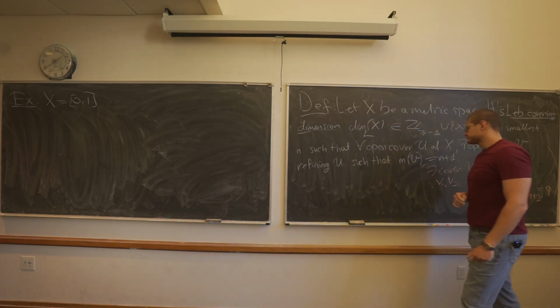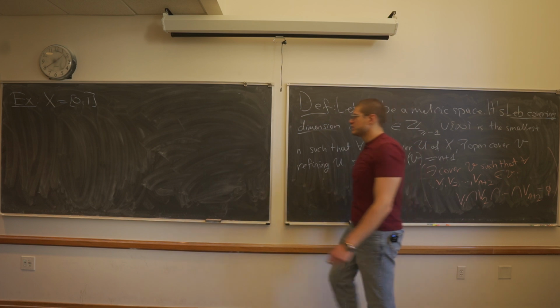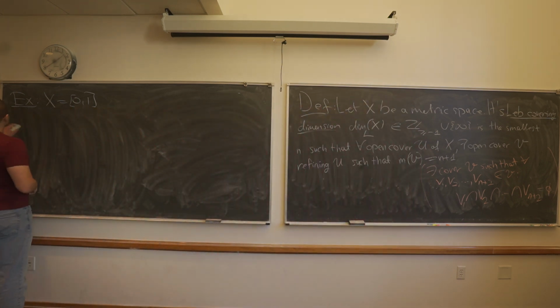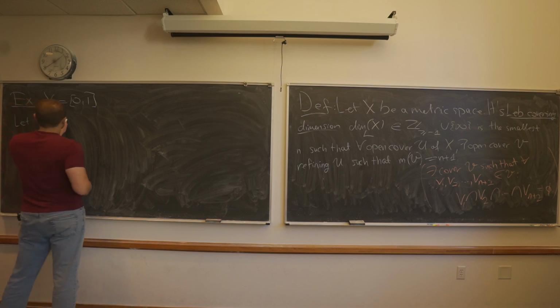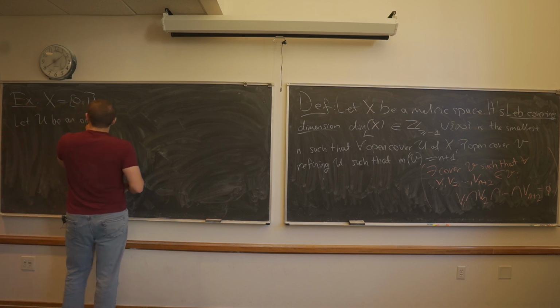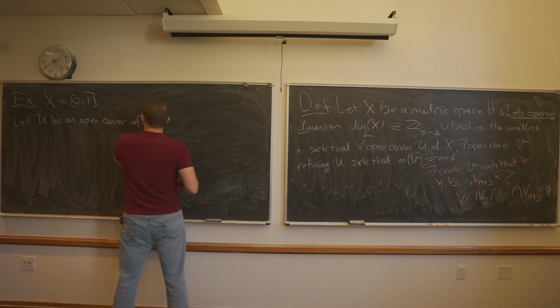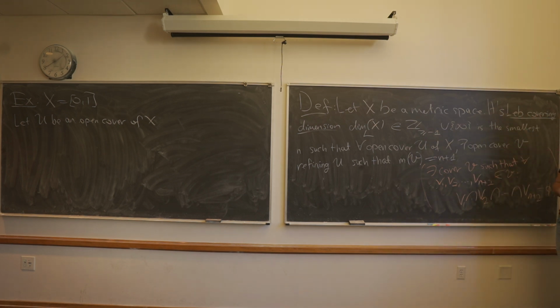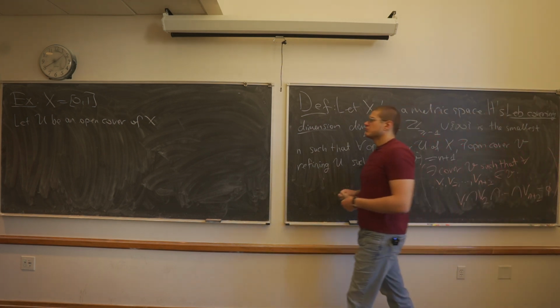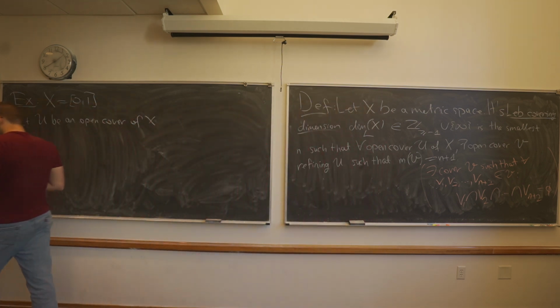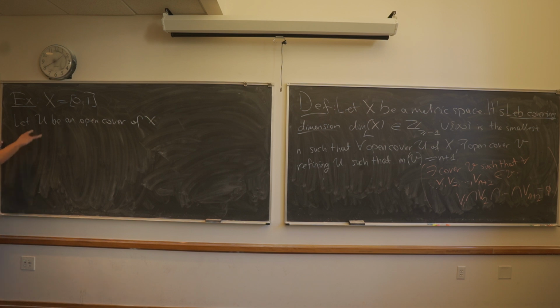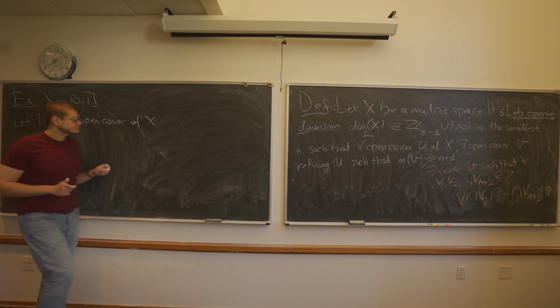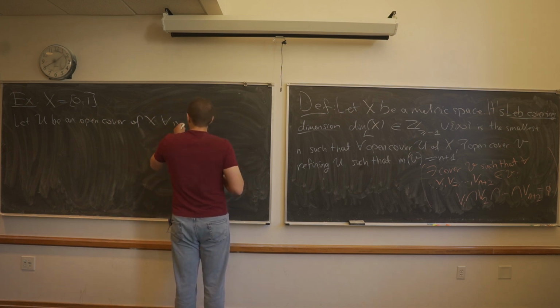Well, I start with an open cover. What does this mean? It means that for any set U in curly U that is non-empty, and some of them have to be non-empty, of course, because it's a cover after all, I can take a point in that cell. That cell is open, which means that that cell has to contain an open interval.